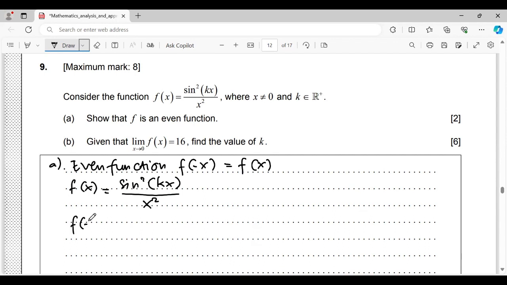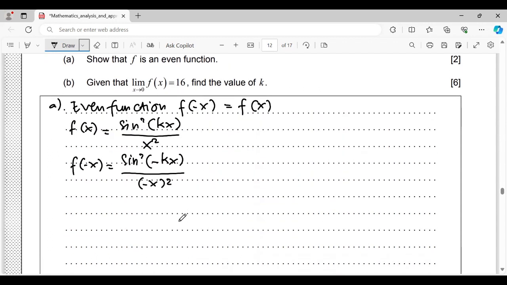So f(-x), if the variable being minus x, it becomes sine squared of minus kx over minus x squared. So it becomes, I will write it like this, minus sine kx squared over minus x squared is x squared.